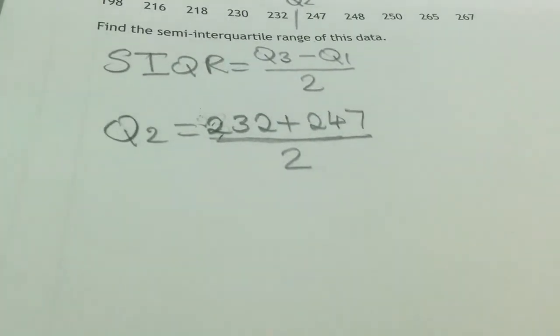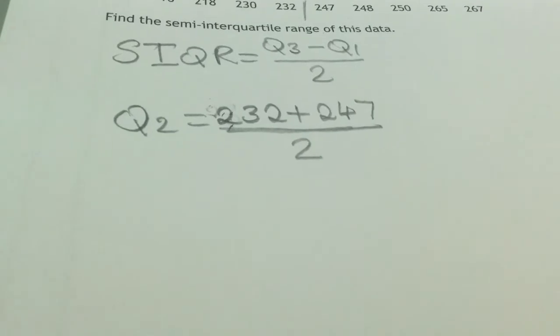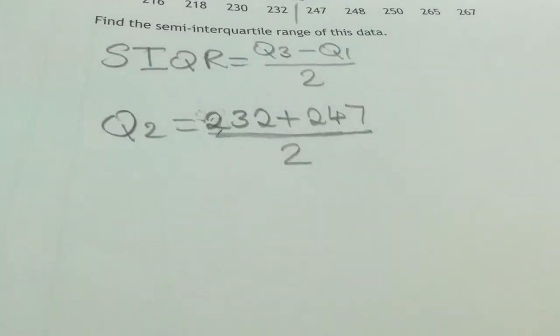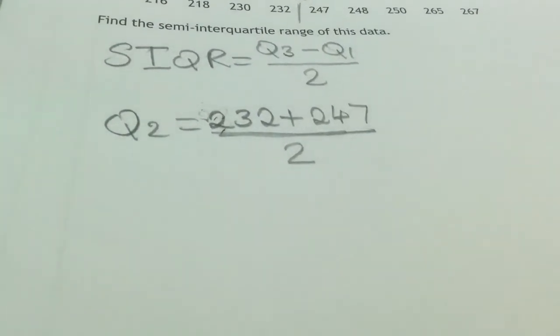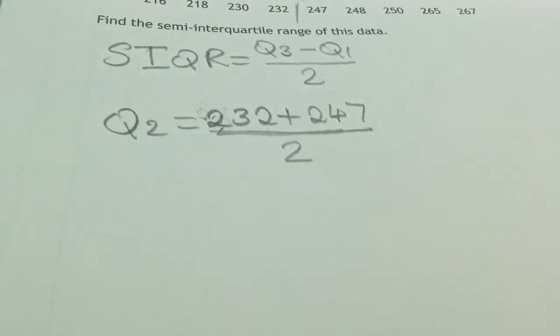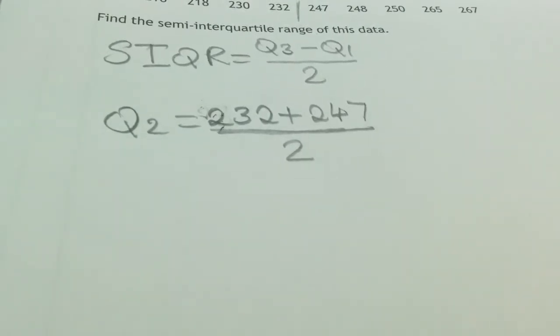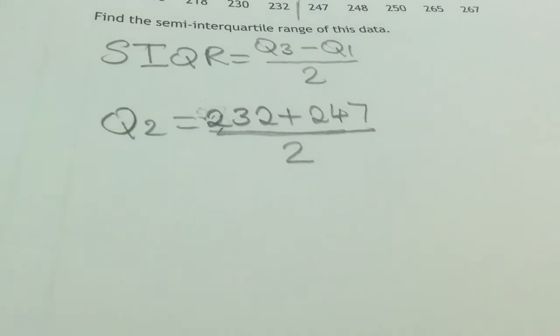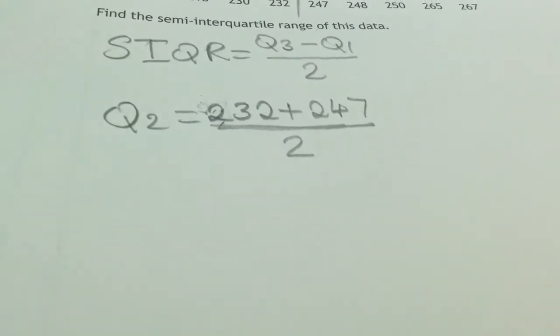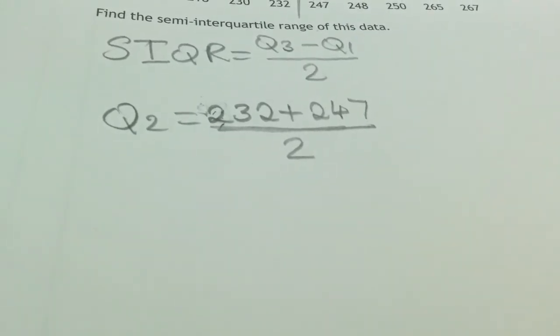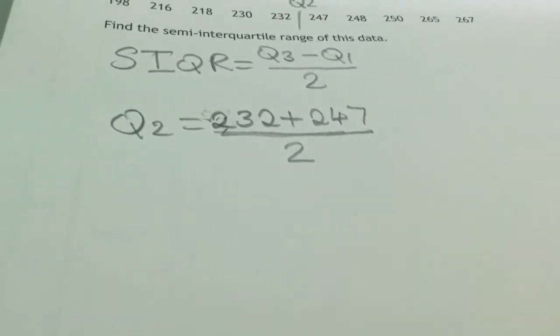It's 232 plus 247, divided by 2. Mind, this is a non-calculator paper, so we can't use a calculator, but we should fairly easily work out that the answer to that is 479.